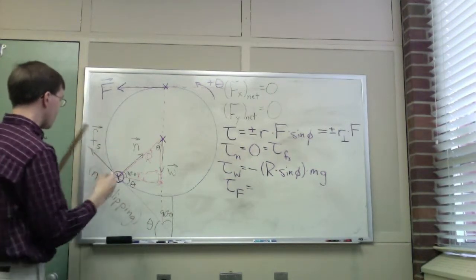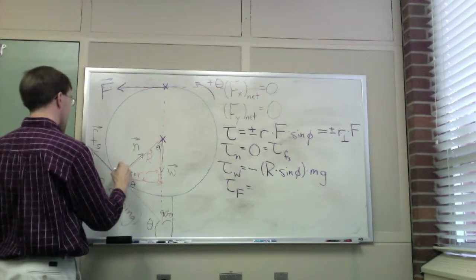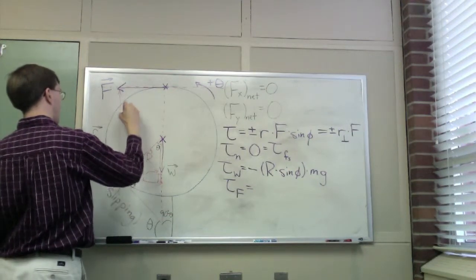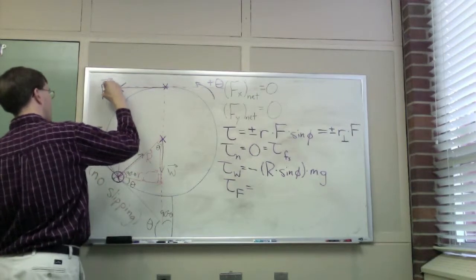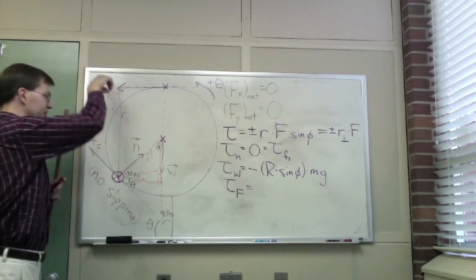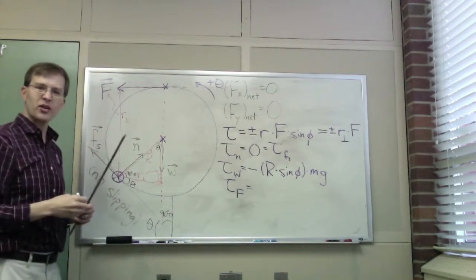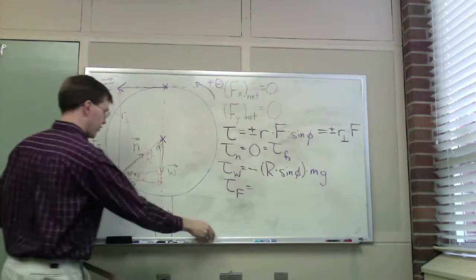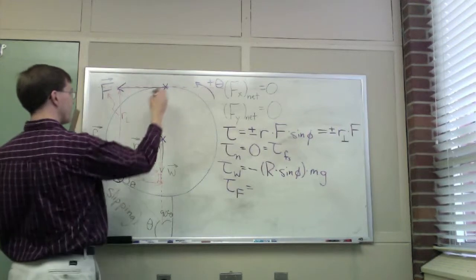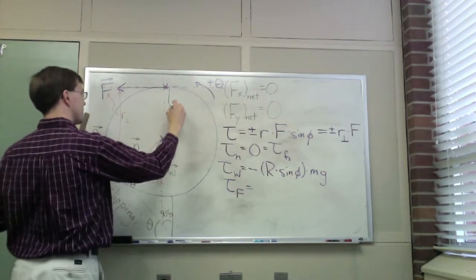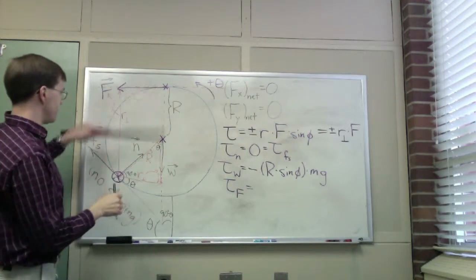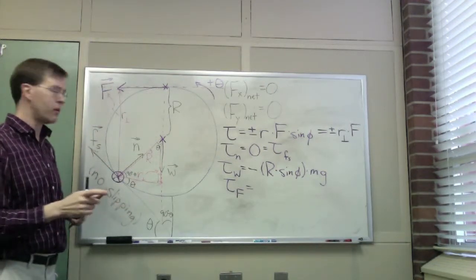And so my r perpendicular for the pulling force is this whole vertical distance. That looks like a weird thing to keep track of, finding that whole vertical distance there. But we can be sneaky about this. We know that this distance is r, capital R, the full radius of my wheel.